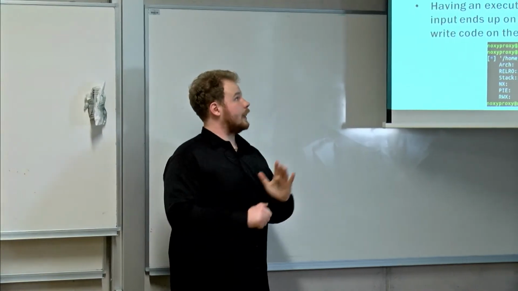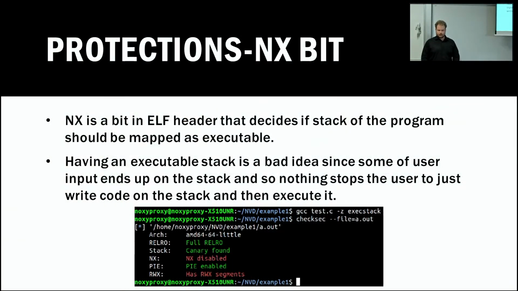Then we have the NX bit, which basically says the stack is not executable. The stack is memory allocated for the program to use, and it initially had read, write, and execute permissions, which, combined with no randomization, made it incredibly easy to just write shellcode on the stack and jump to it using some overflow.